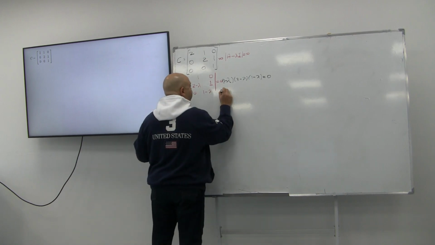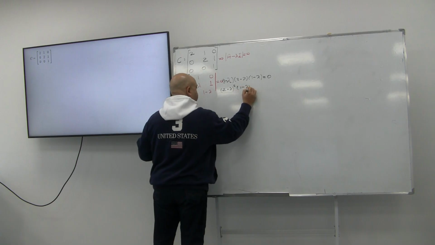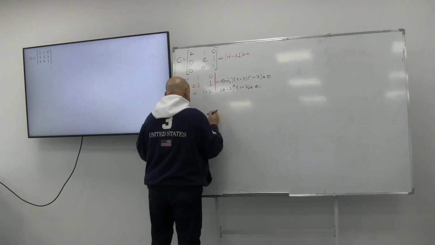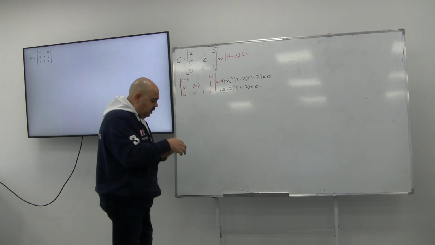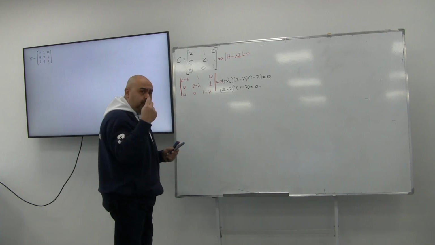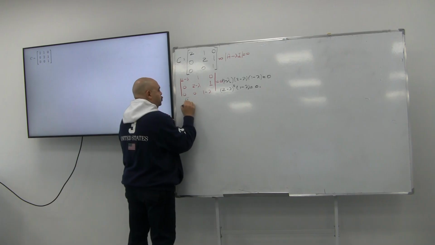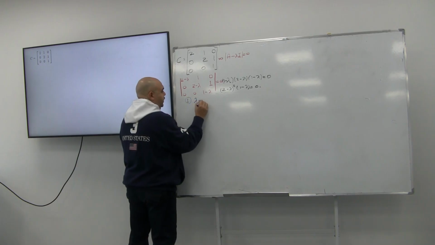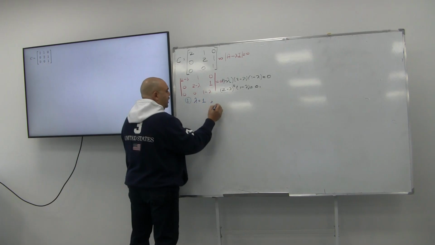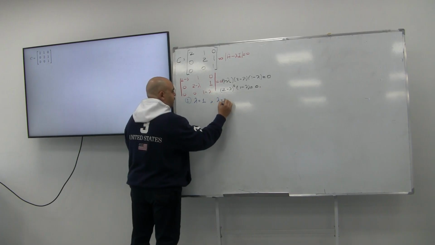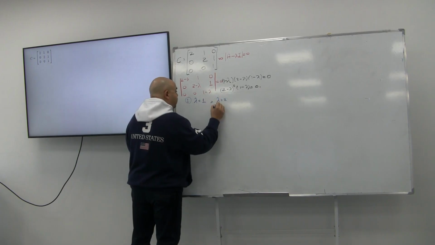So now I have (2 minus lambda) squared times (1 minus lambda) equal to 0. This means that we have two values for lambda. The first is lambda equal to positive 1, and the second is lambda equal to 2, but take care, it is repeated 2 times.